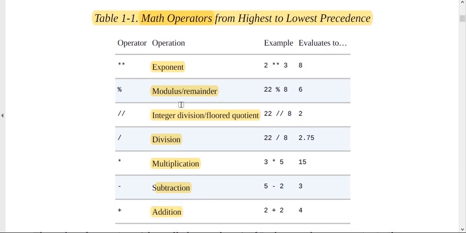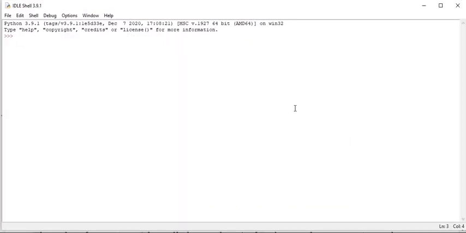So first is exponent, second one is the remainder or the modulus, third is the integer division, fourth is the normal division, fifth is the multiplication, sixth is the subtraction, and finally the addition operator. So let me show you in the IDLE environment to make you understand better.